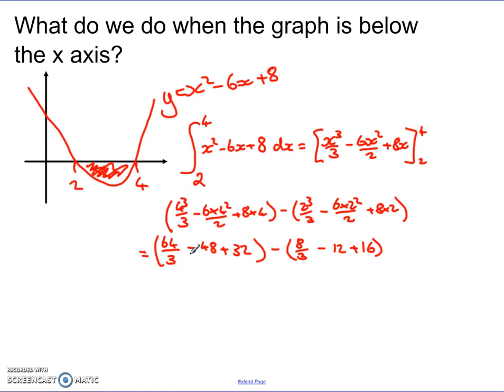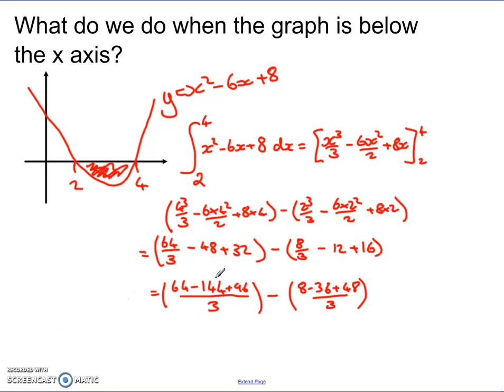So now it's a case of simplifying both brackets and getting a final answer. So this one here, stick it all over a common denominator. So I've got 64, take away 144, plus 96, all over 3. It's then take away the second bracket, so I've got 8 minus 36 plus 48 over 3.